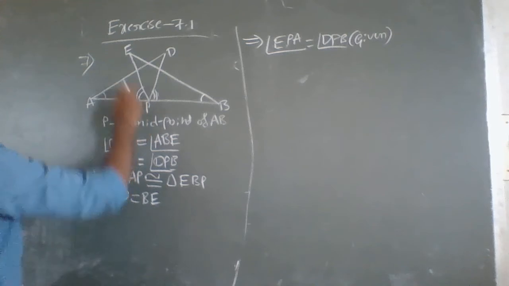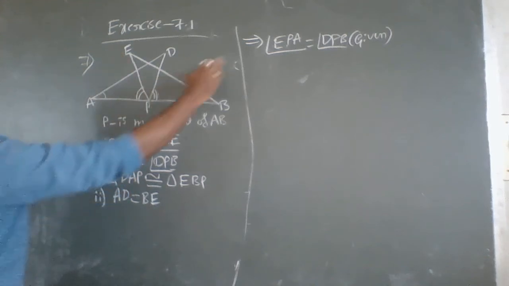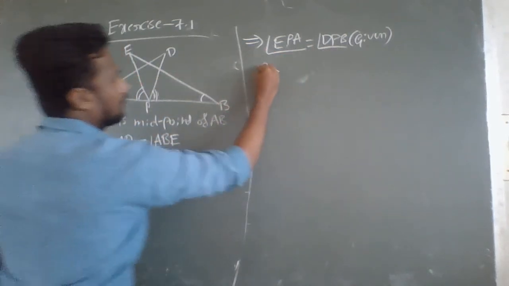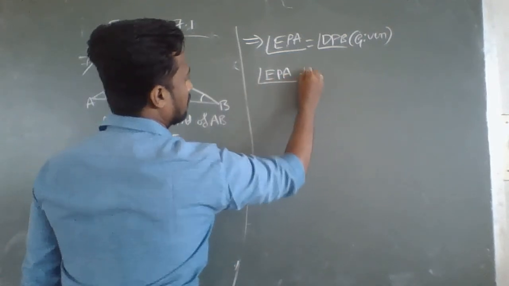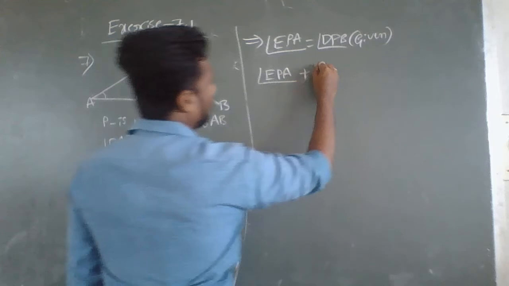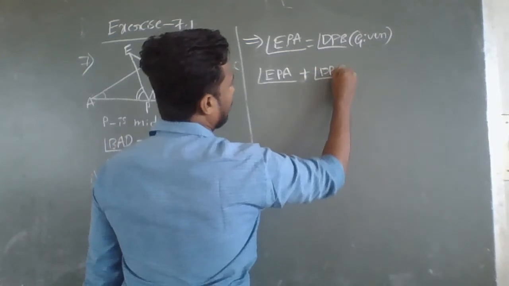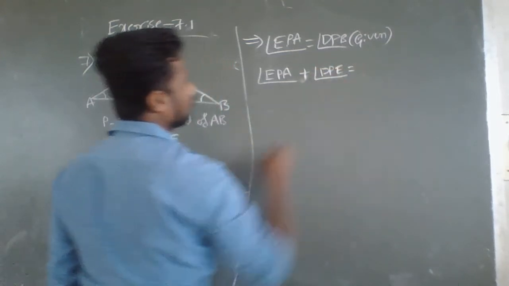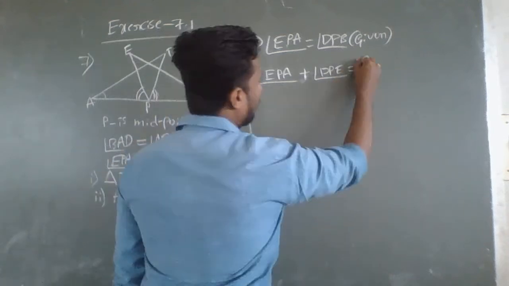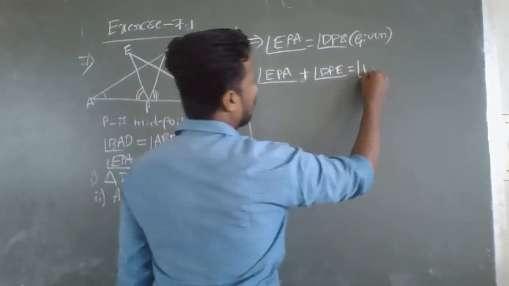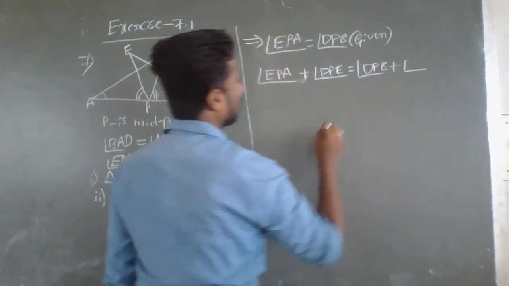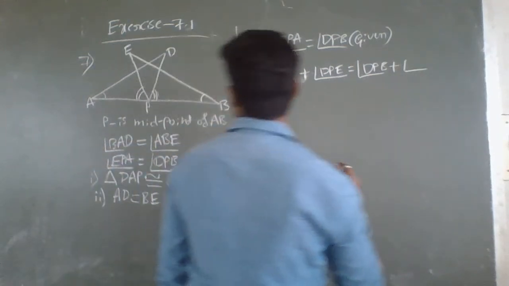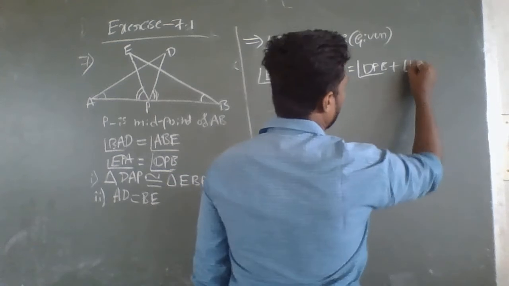So here, angle EPA plus angle DPE is equal to, like this only I will add angle DPE here also, angle DPB plus angle DPE.